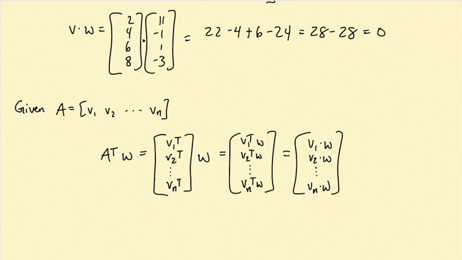So combining this with our previous observation, we can think about how to find the set of all vectors that are orthogonal to a given set of vectors in Rn.